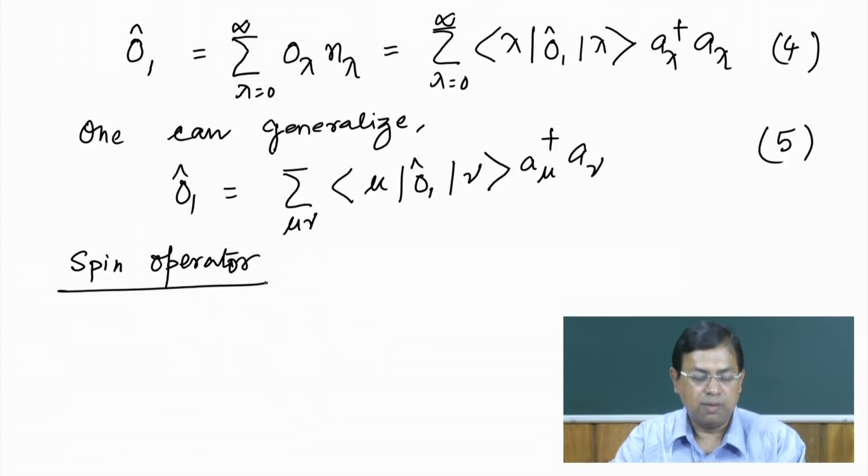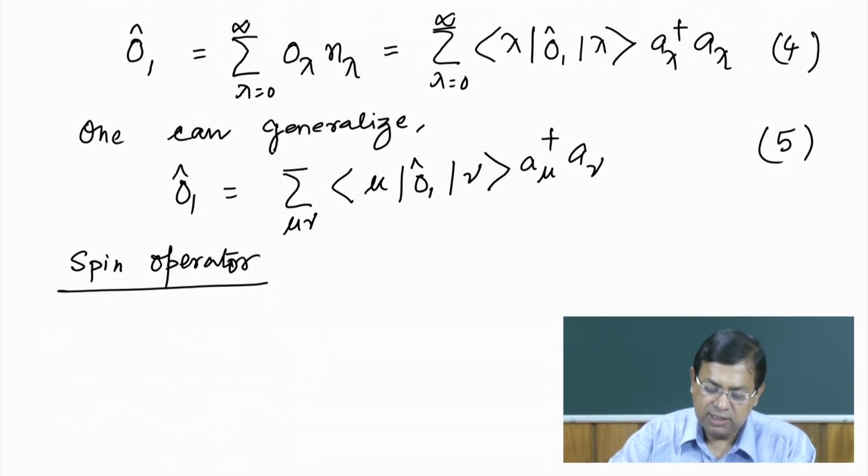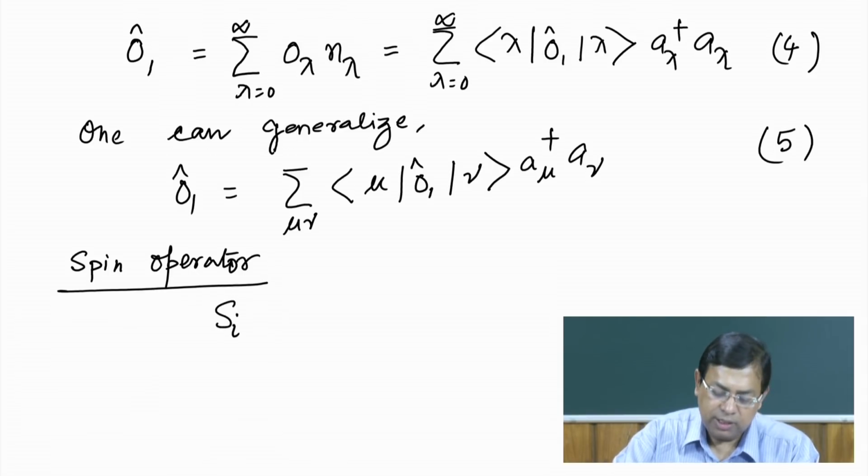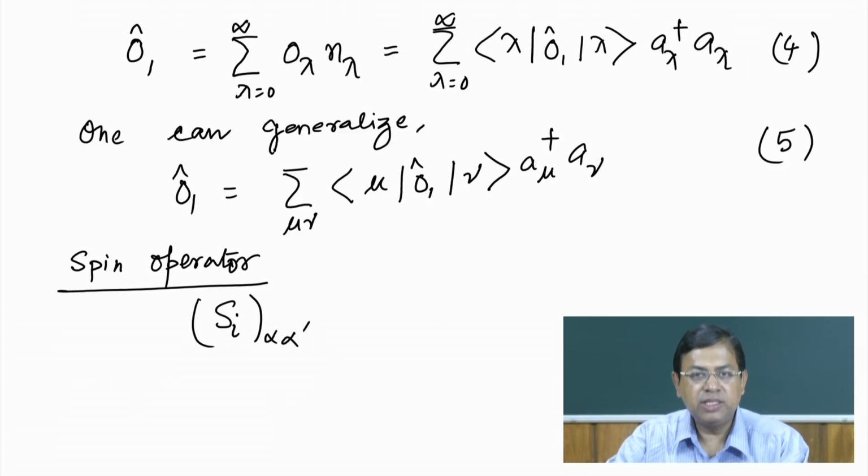We are giving examples, so I will write this S i operator and write the matrix elements of the S i operators between two states, alpha and alpha prime.